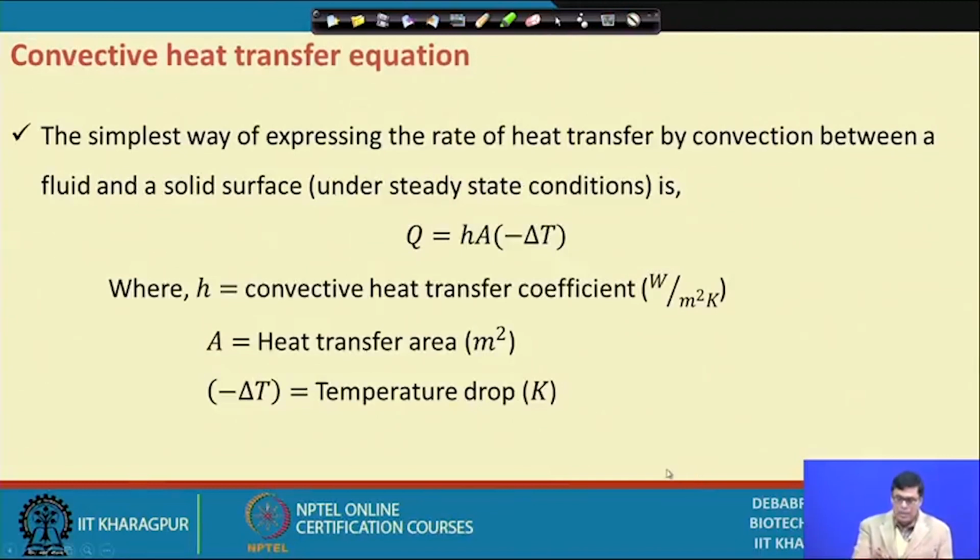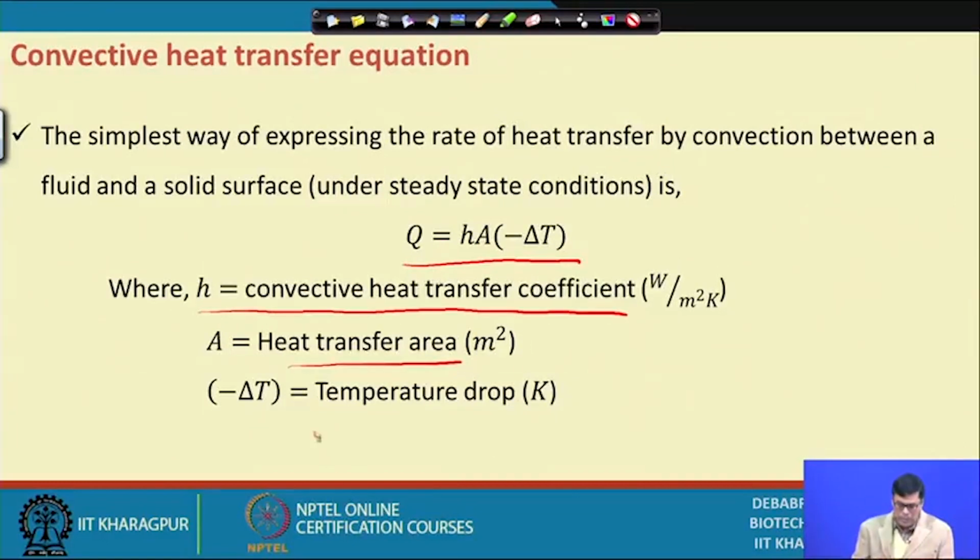Here the rate of heat transfer can be expressed like this: Q equals h A del T, where h is the convective heat transfer coefficient, A is the heat transfer area, and del T is the temperature drop.